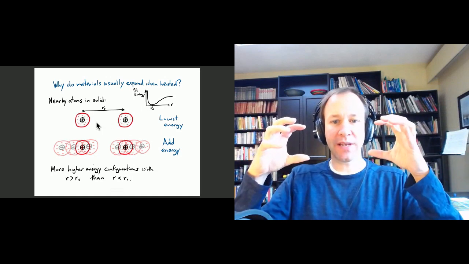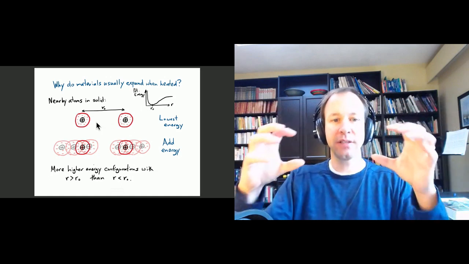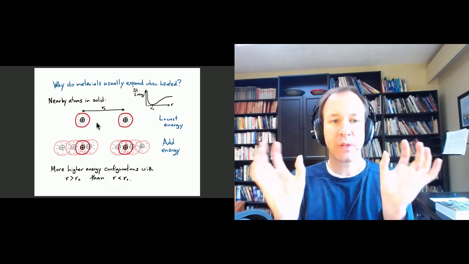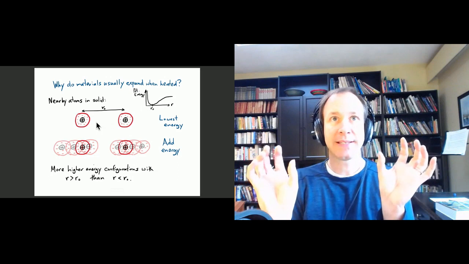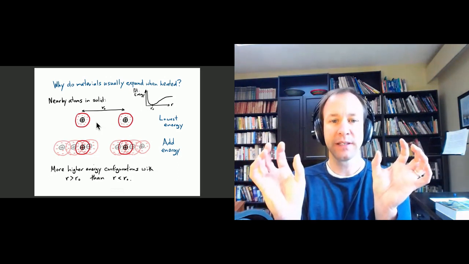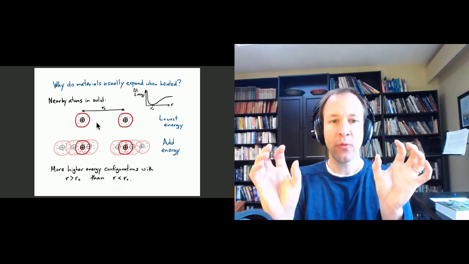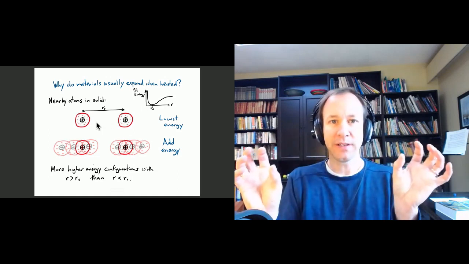Let's just say we have a simple solid, maybe it's copper. So we have two nearby atoms, and the starting point is to realize that there's actually some preferred distance. There's some least energy configuration of those two atoms, which would have a distance, what I'm calling R0.